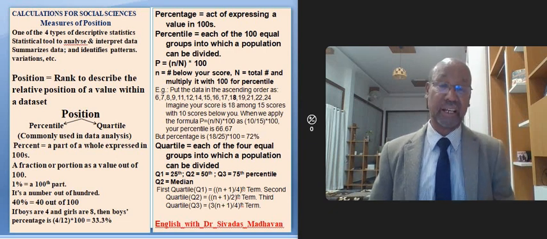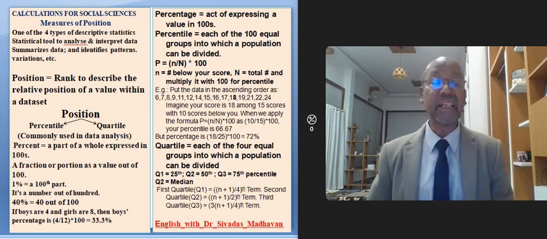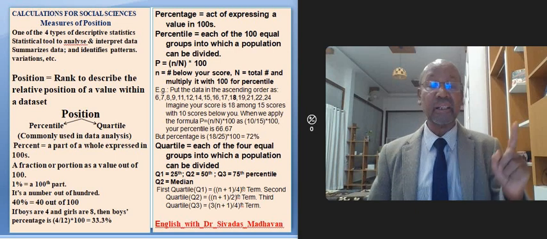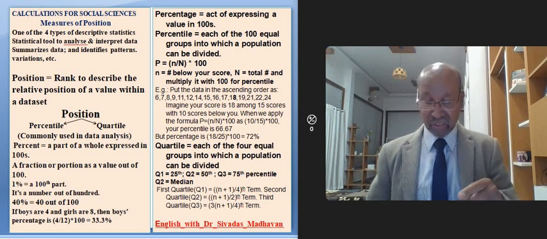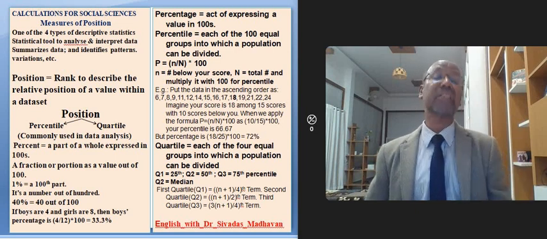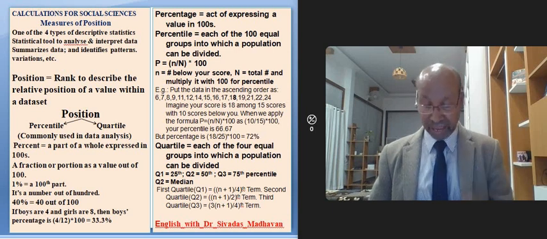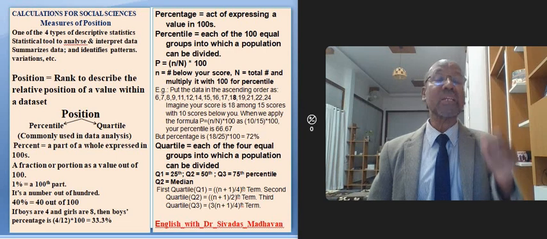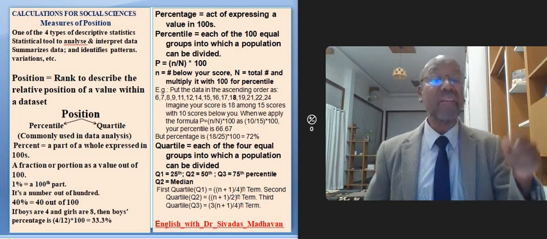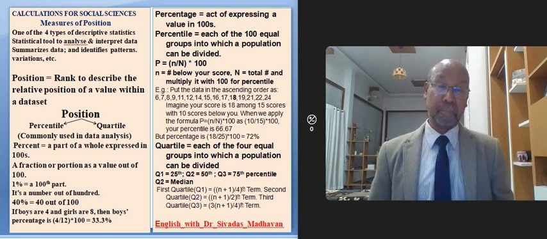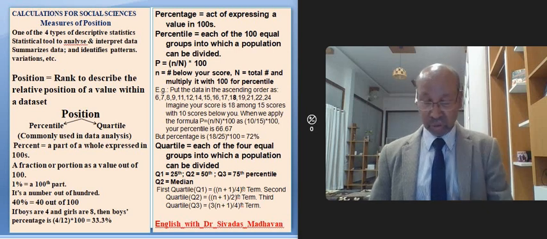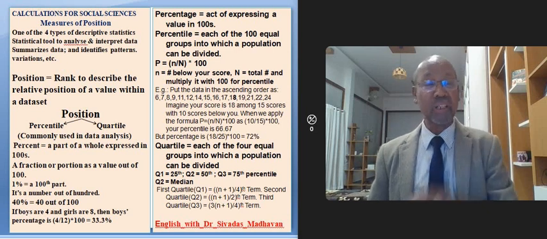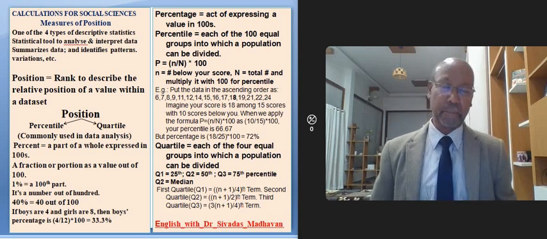And second quartile is the (n plus 1) divided by 2nd term. And the third quartile is 3 times (n plus 1) divided by 4th term. So these are the formulae to calculate the first quartile, second quartile, and third quartile.